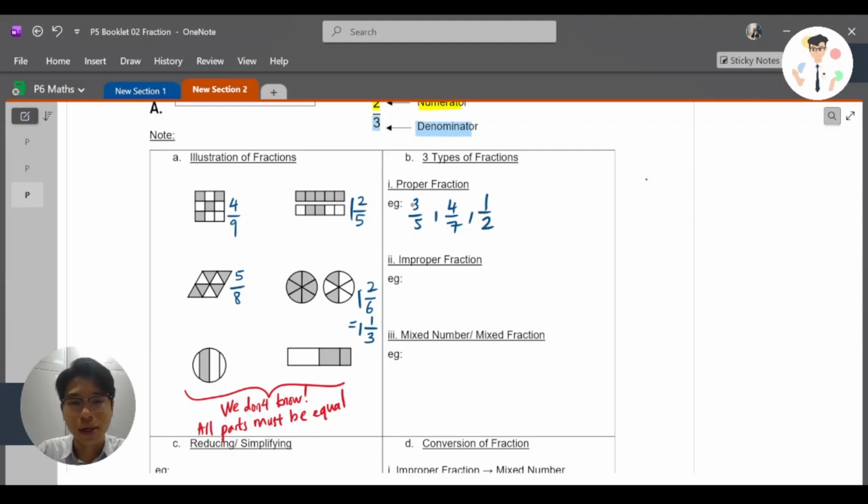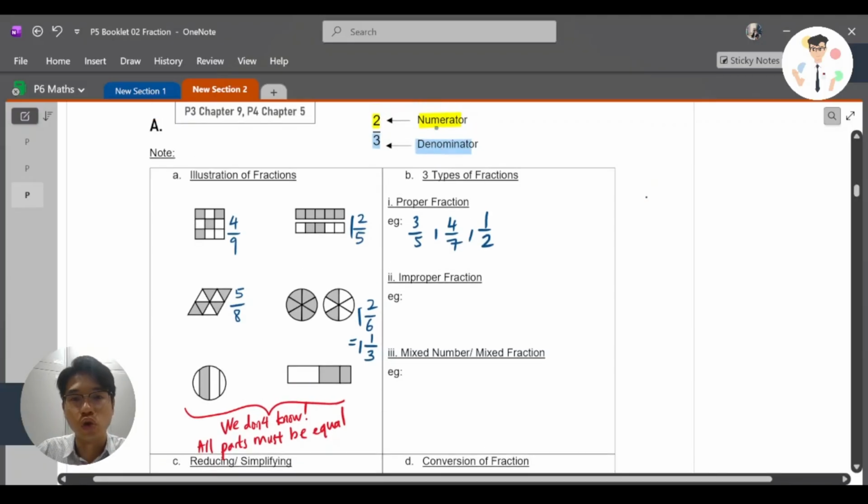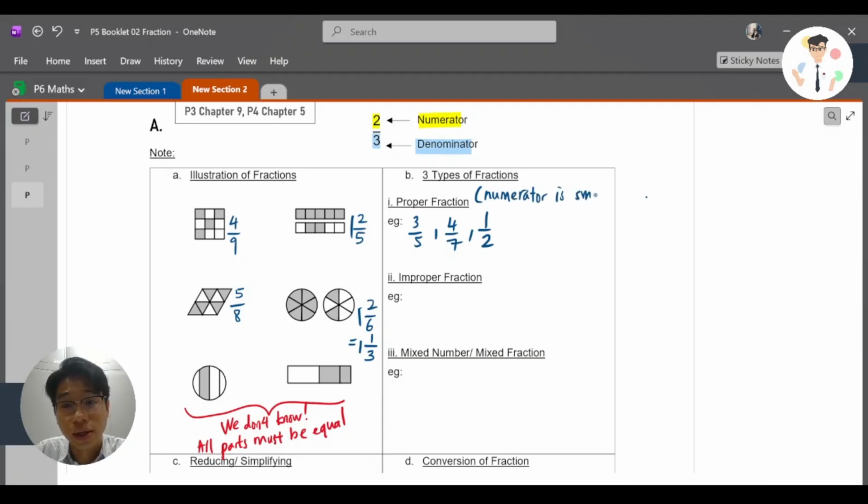What they have in common is that the numerator is smaller than the denominator. That means the number on top is smaller than the number at the bottom, and that is called a proper fraction.